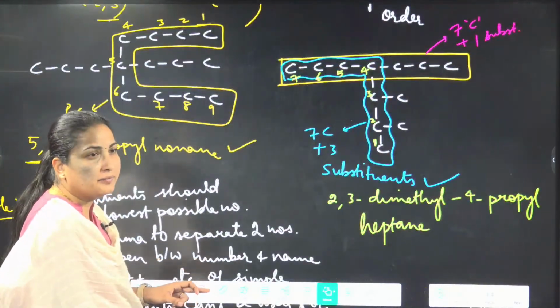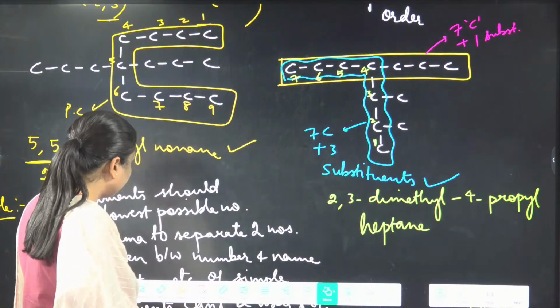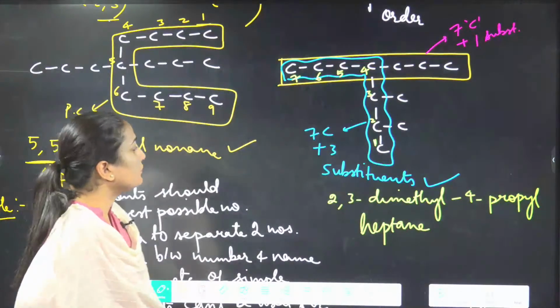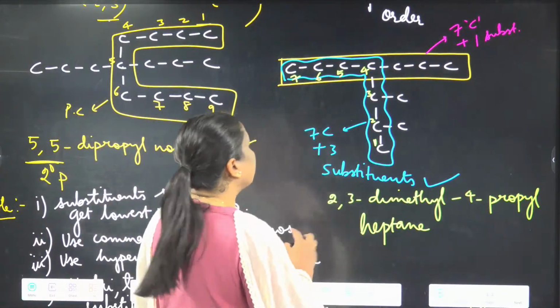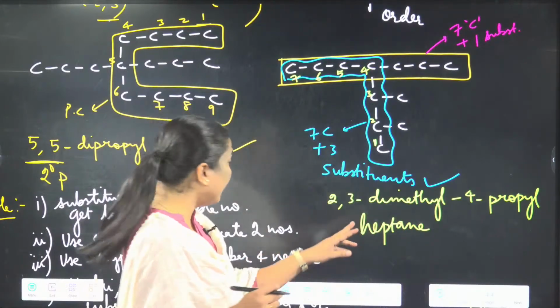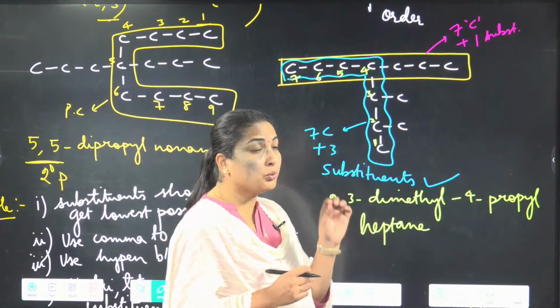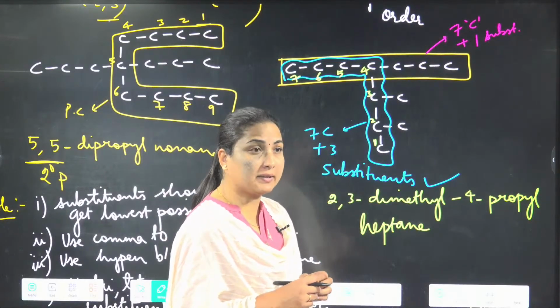Is this correct? In this case, see, the thing is, if at all you are having di, we are not using it for alphabetic order, you are using L, M, N, O, P. I hope you remember your alphabets, right?